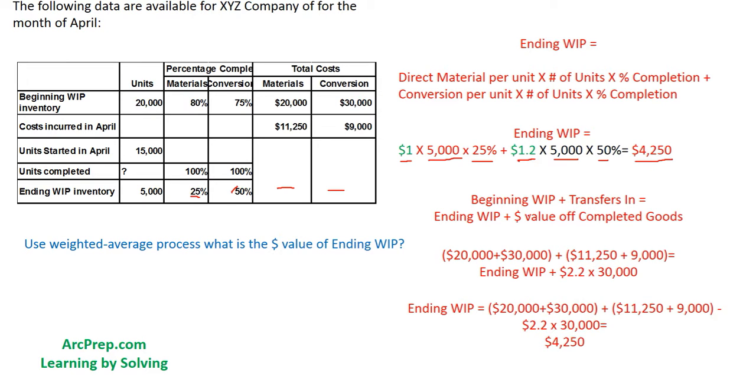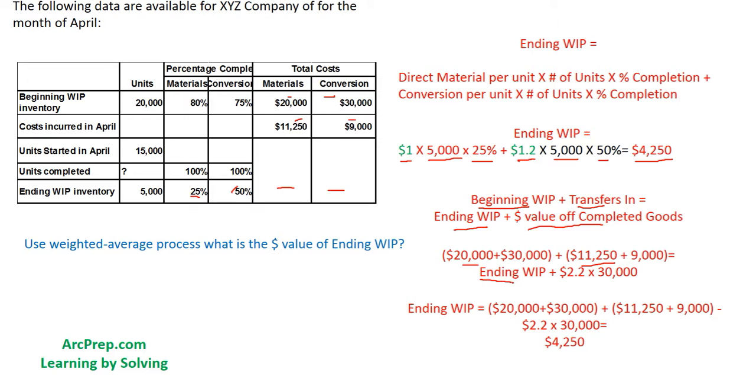We can also calculate the $4,250 in another way, which is our fundamental equation in managerial accounting. Beginning work in process inventory plus transfers in is equal to ending work in process inventory plus transfers out. Beginning work in process was 20,000 plus 30,000. Transfers in is 11,250 plus 9,000.